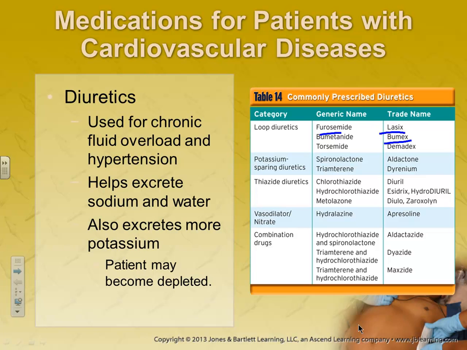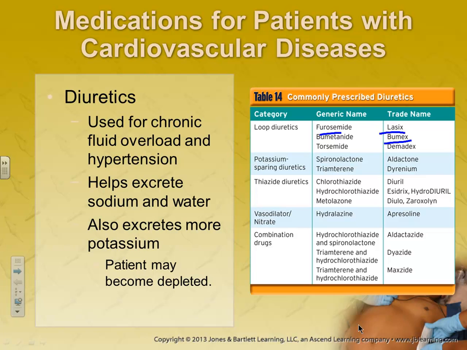is that we know that water follows what? Sodium. So what a diuretic does, without getting real deep into it, because I can't, it pulls the sodium out, and in turn, the water is going to follow the sodium, right? But the problem with that is that potassium doesn't want to be left hanging, and so it's going to go to the party too, and so it will pull sodium and potassium out.